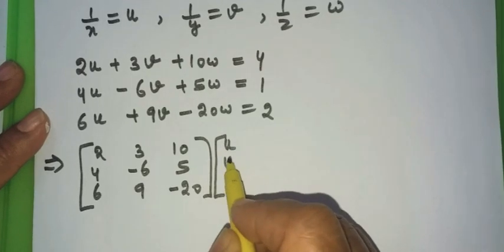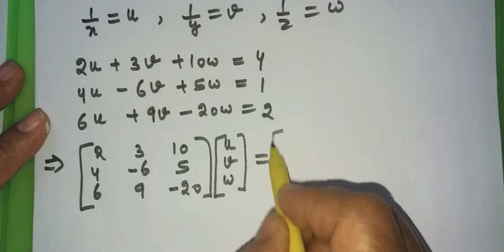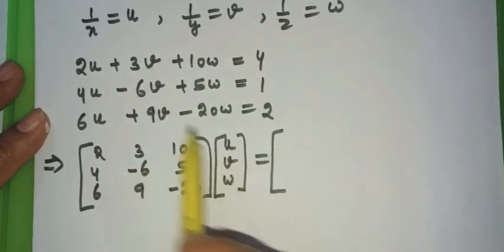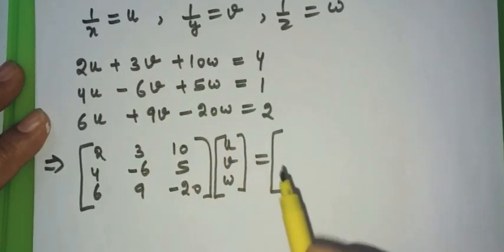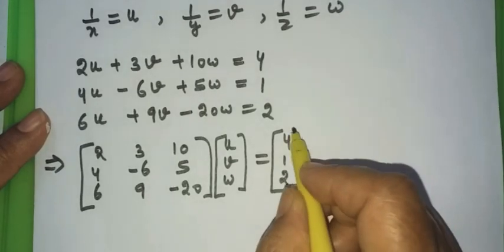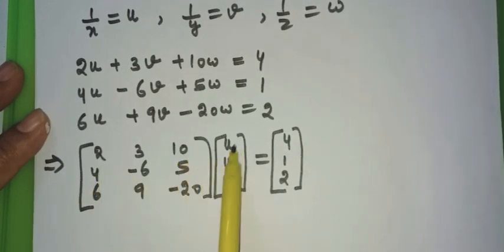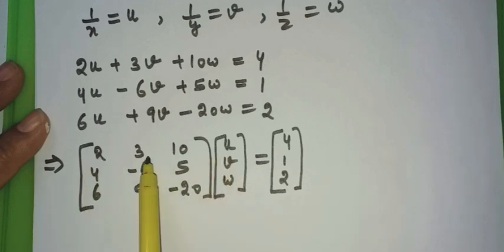And then we have u, v, w, these are the variables. You can check that if I multiply these two matrices, I am going to get the left hand side of these equations, and then I have one matrix formed by using the constants. If you multiply this matrix by u, v, w, you will get 2u plus 3v plus 10w equal to 4. So you will get these equations again.